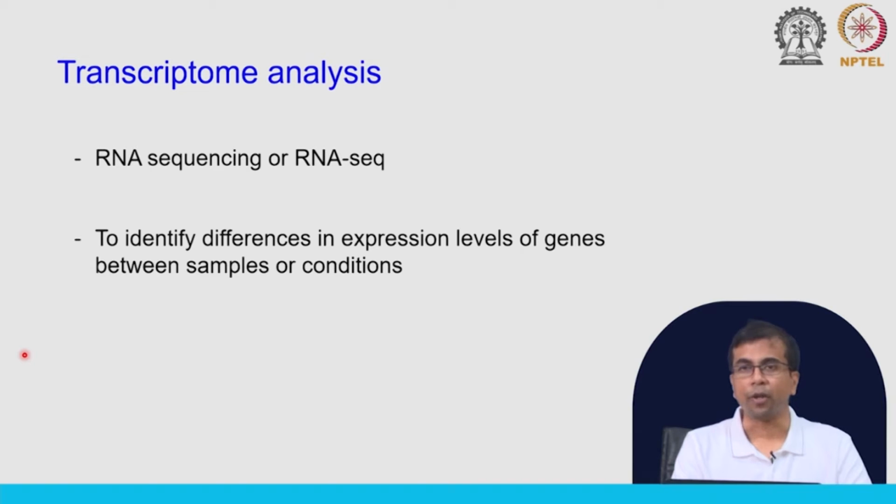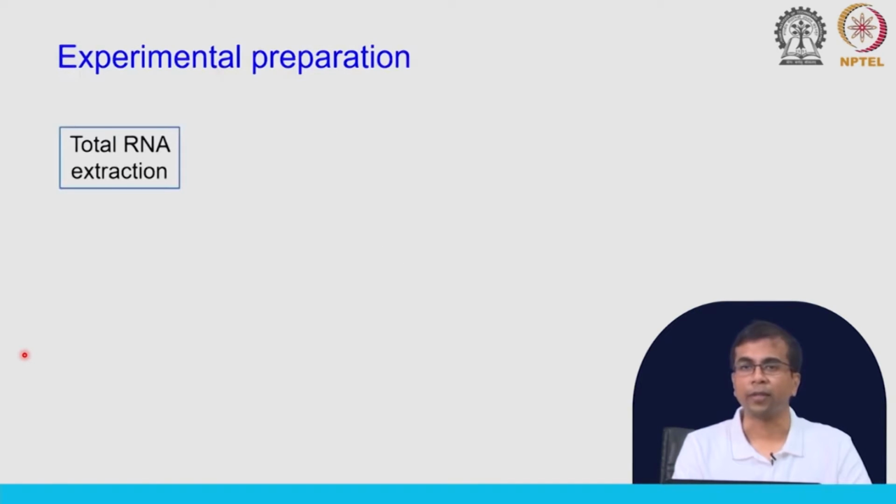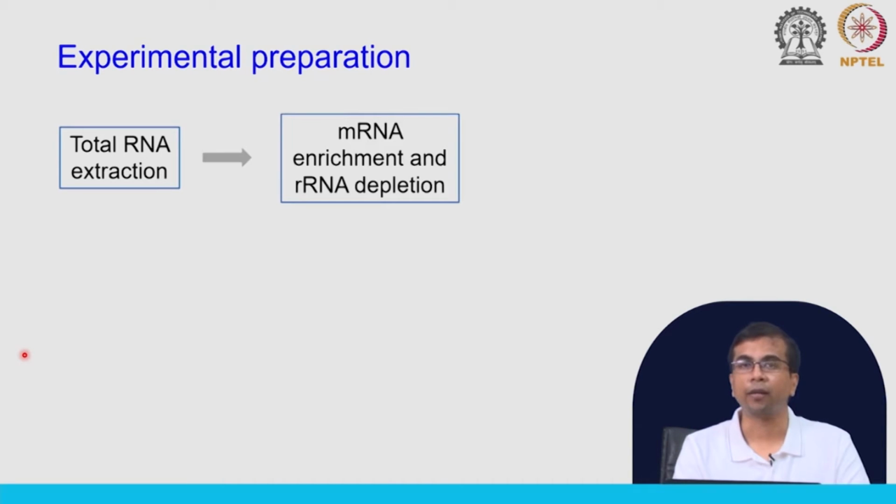So, what is the protocol? How do you do this? Some of this is actually shared with microarray protocol. In the first step, you have total RNA extraction from the sample that you are working with. It could be, for example, a tissue sample, it could be cell samples, right. So, we do our RNA extraction, and there is something called mRNA enrichment, because we want to measure expression level of genes, right.